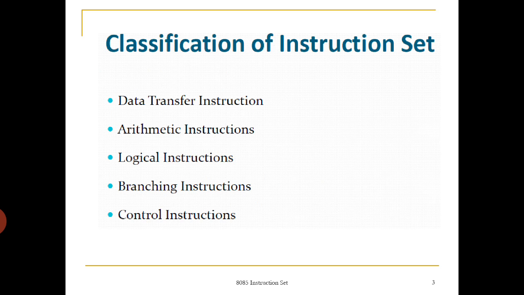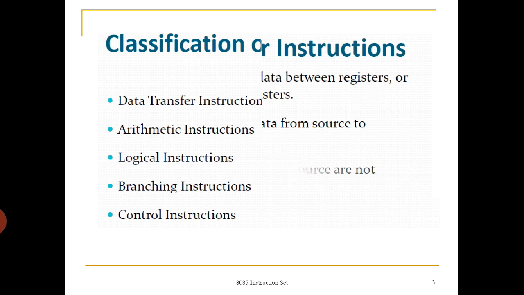So these are the 5 types of instructions in 8085. If you want to transfer data, then we use data transfer instructions. If you perform arithmetic operations like addition and subtraction, then there are arithmetic instructions, and logical instructions for AND or XOR. Okay, branching, jump, and all. Let's see one by one.